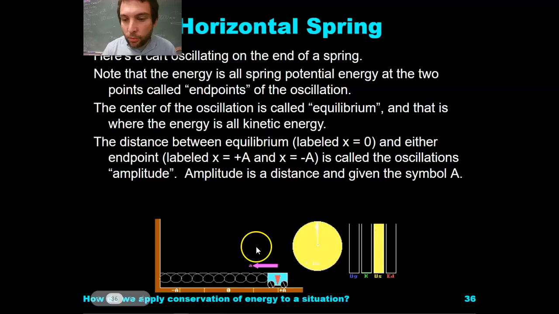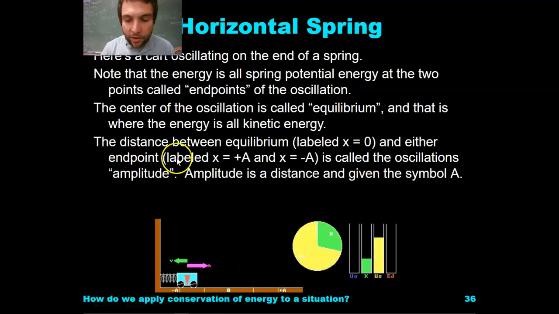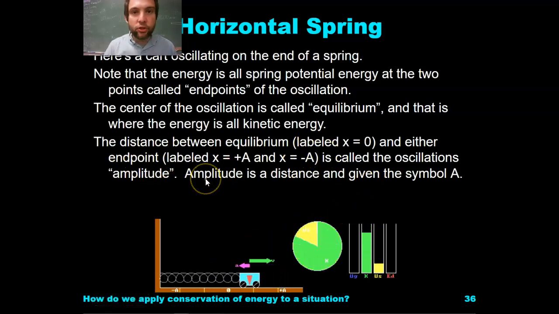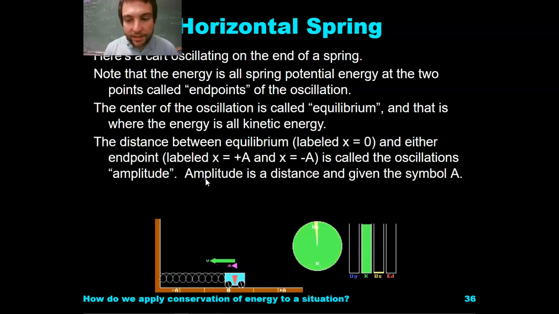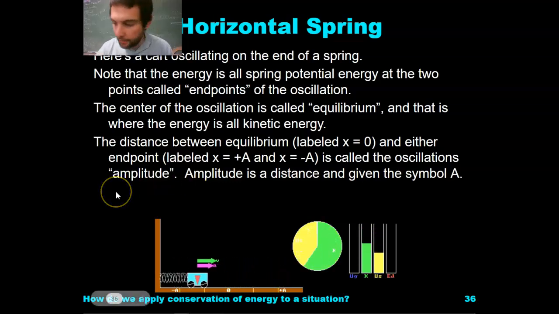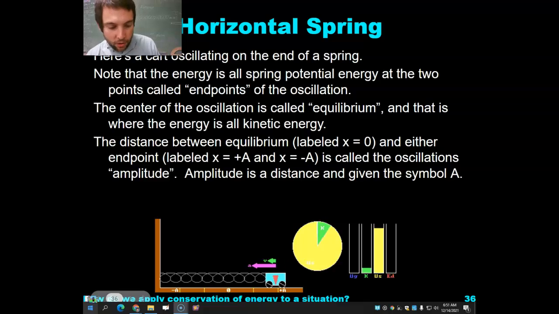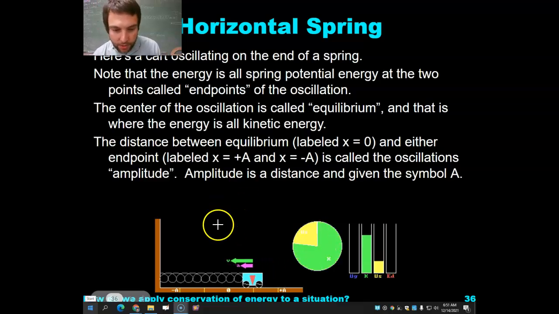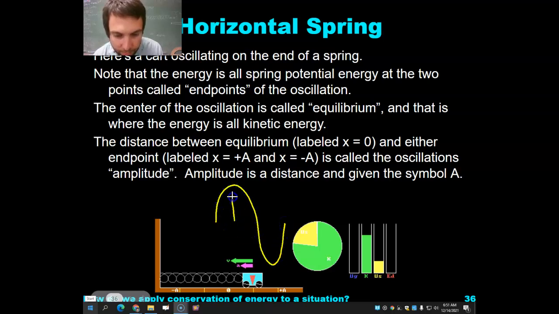The distance between equilibrium and either endpoint is called the oscillation's amplitude. Amplitude is a distance and given symbol A. You may recall amplitude as being part of a wave, right? This would be the amplitude, how big the wave is. That's okay.